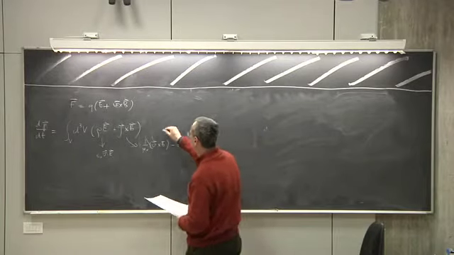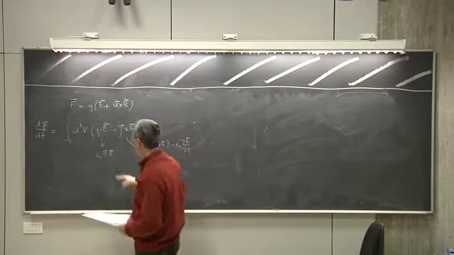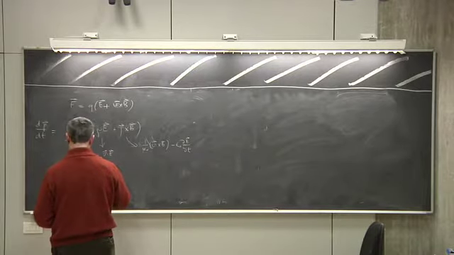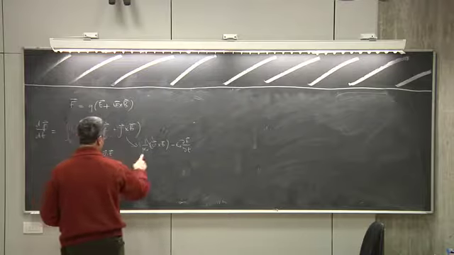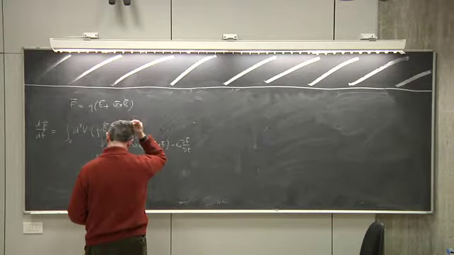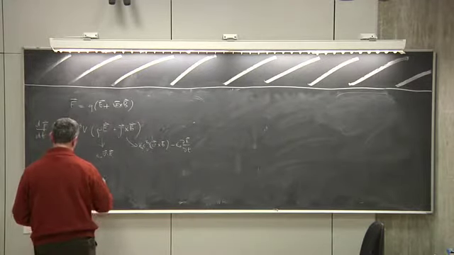So if I do that, these brackets become what? Maybe it's nicer to put epsilon naught c squared, so that I can pull out epsilon naught.